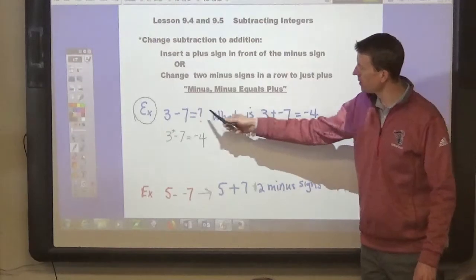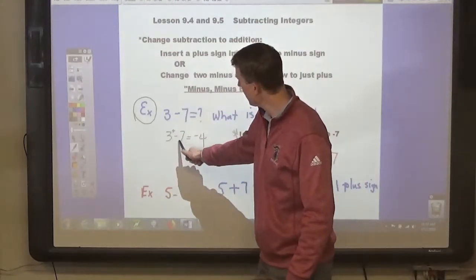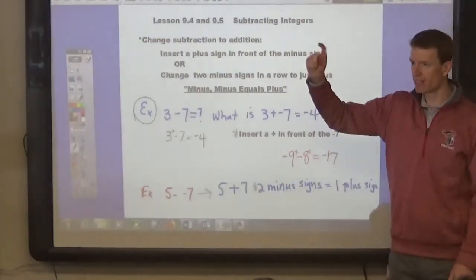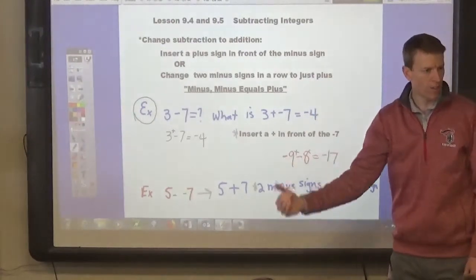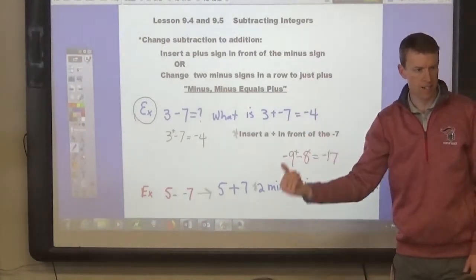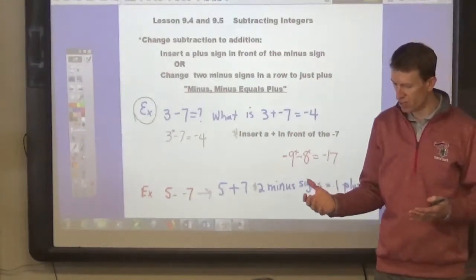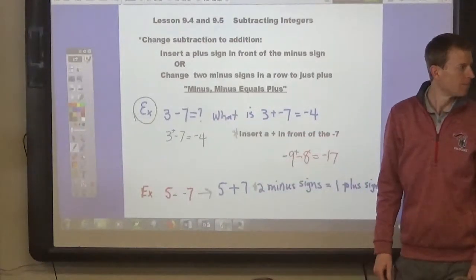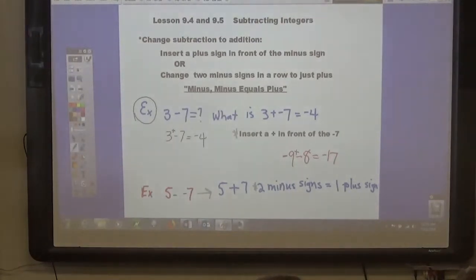If you insert a plus sign in front of this minus sign, so it says 3 plus negative 7, you get the answer. 3 minus 7 is the same as it being 3 degrees and then going down 7 degrees. And since we already learned how to add integers, you can insert the plus sign and then add. Okay? So you just insert the plus sign in front of the minus sign.